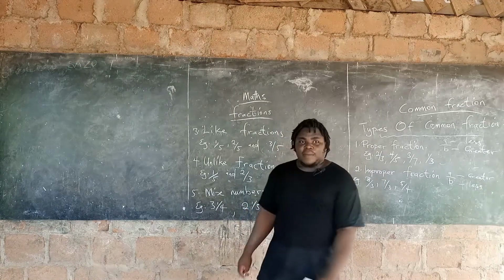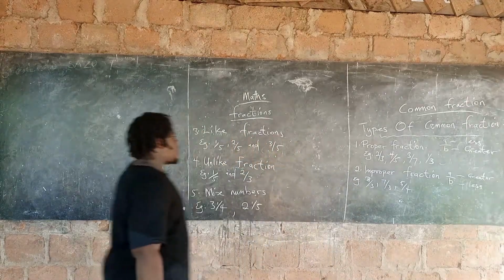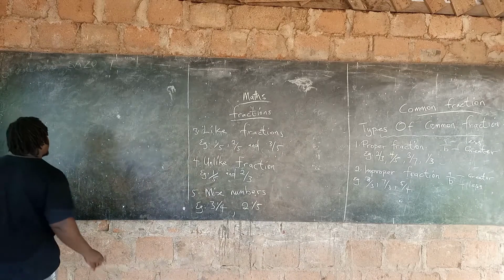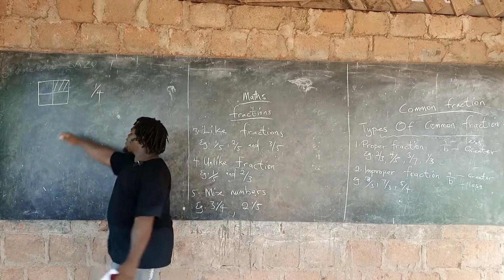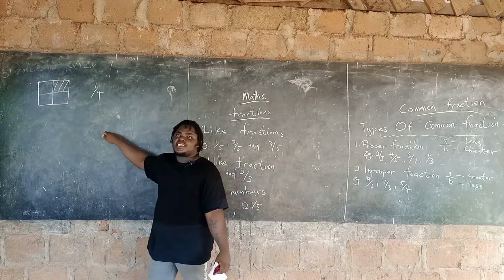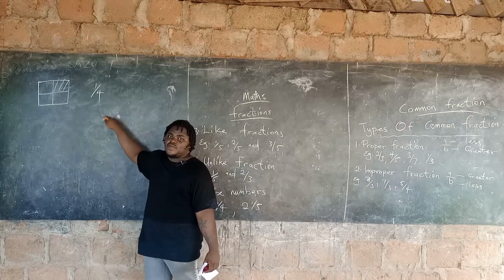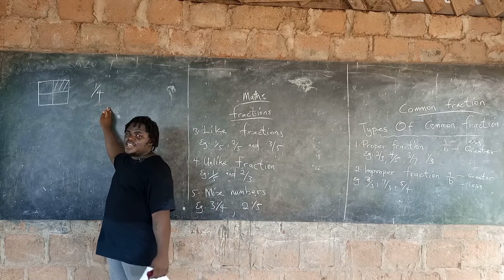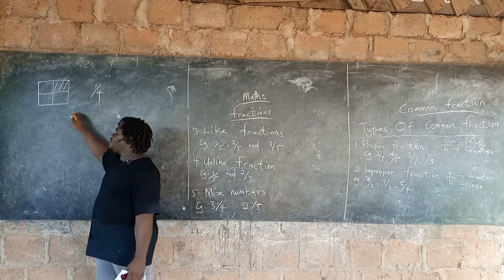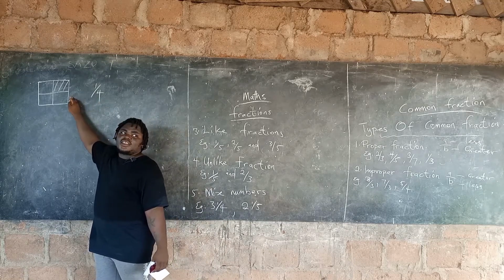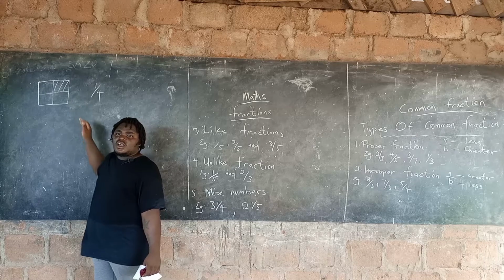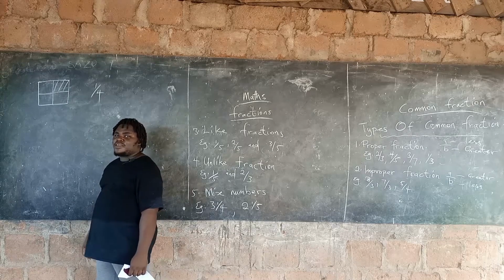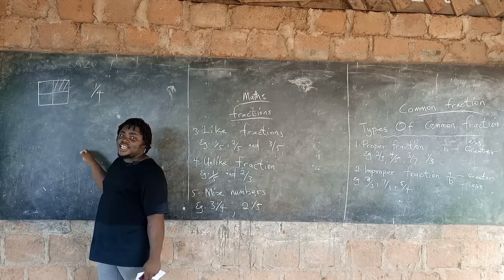And they are improper because we said common fractions. Good. So we drew this diagram at first and we said that it represents 1 over 4. Why? Because the denominator always shows the number of equal parts that a whole object or item or amount has been divided into.